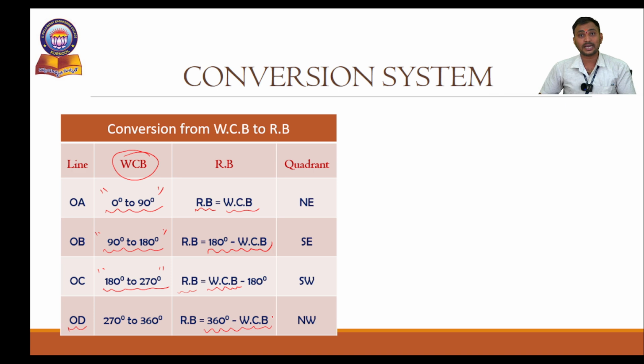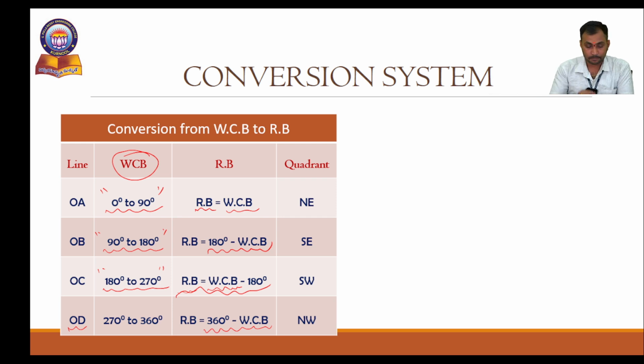If I got the object line OB as 178 degrees, it is in between 90 to 180 degrees. If the value were in between 180 and 270 degrees, then I have to take the condition reduced bearing equals whole circle bearing minus 180 degrees.